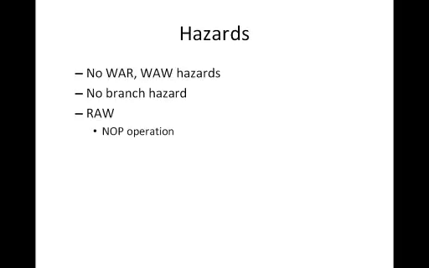So the only hazard that will appear in our design is the read after write hazard. If the pipeline control decides there is a read after write hazard, we will insert a no operation instruction in the pipeline.